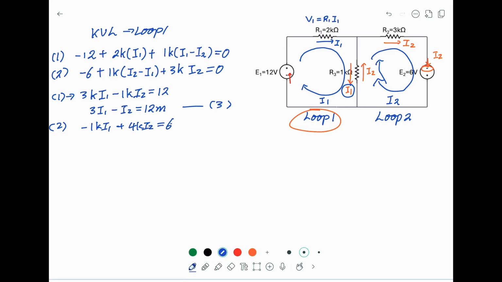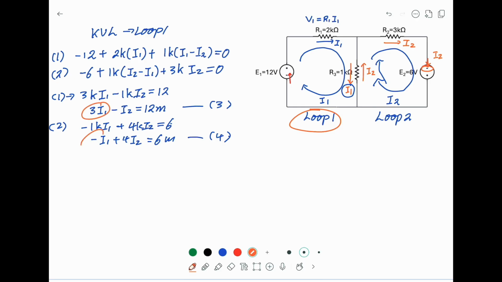Simplify it by dividing both sides by k, so you will get minus I1 plus 4 I2 equal to 6m. This is equation 4. Now we can use the standard method, either substitution, elimination, or even the matrix method, to determine I1 and I2.